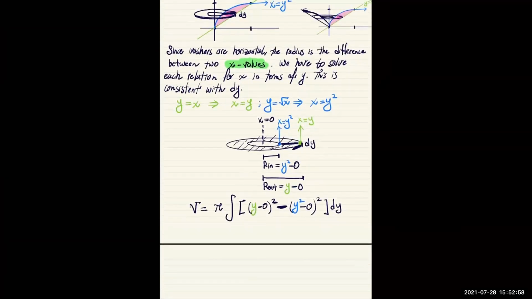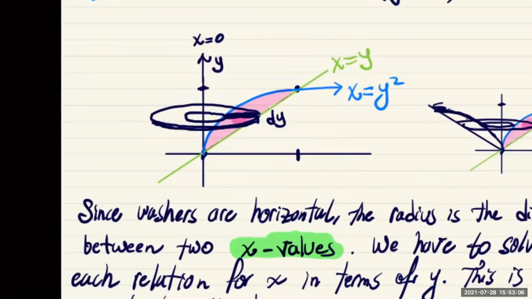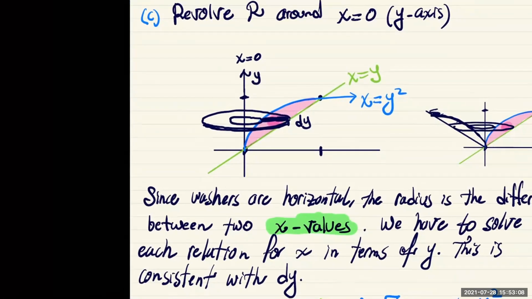So this obviously is an integral with respect to y. Let's see what that means. It means that if I want to again find the volume of the solid, I am going to add up the volume of all of these washers. Let's do that again. We have infinitely many washers stacked up like that.